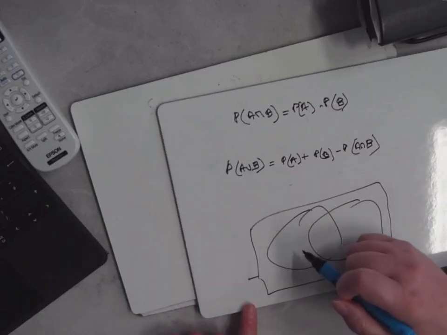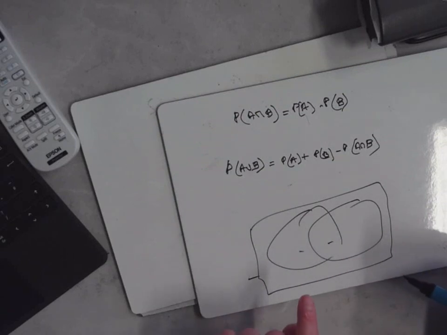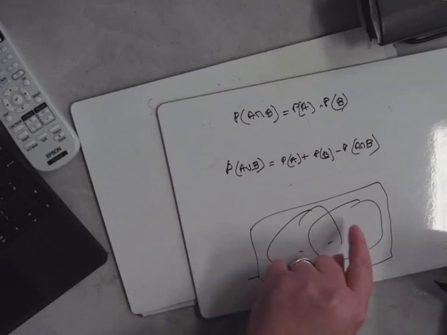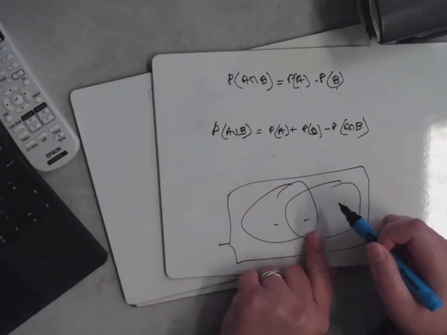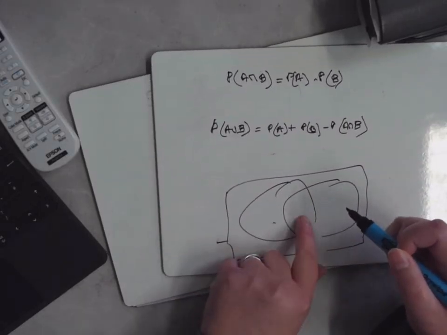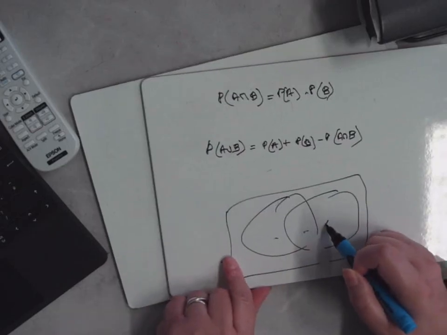Look, so these two bits here, this one and this one, add to 0.4, don't they? But then it says A union B, so the 3 bits add to 0.7. So what do I definitely know is in here? If these 2 bits add to 0.4 and the 3 bits add to 0.7, this has to be 0.3. Would you agree?